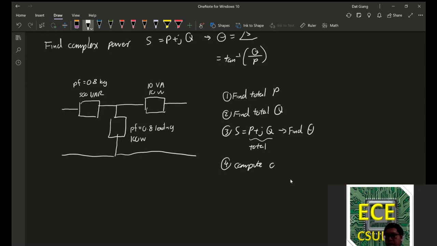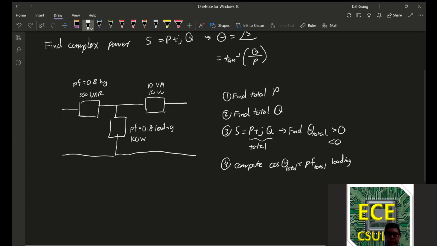Compute cosine of theta total equals PF total, and based on whether or not it's greater than 0 or less than 0, say it's lagging or leading respectively.